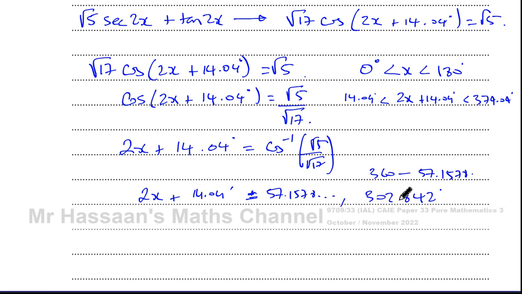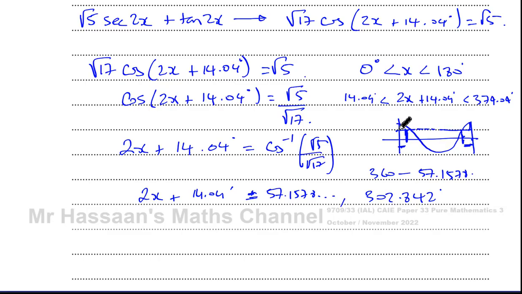Okay, and why did I do 360 minus this? Because the cosine curve has a special type of symmetry between 0 and 360 degrees. We found an angle over here. The other angle is all the way on this side, which is basically, this is 57 from 0, and this is 57 less than 360.